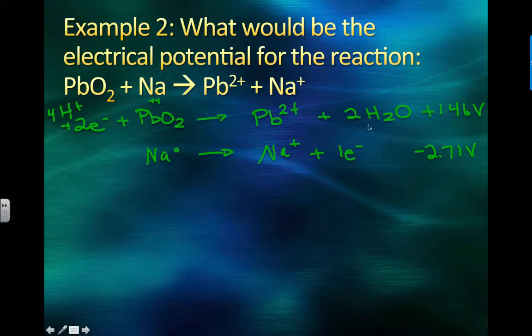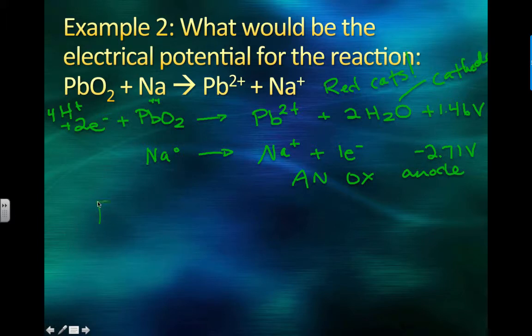The more positive of the 2 electrodes is certainly the one with lead. So let's use this reaction for our cathode, and the anode will be the sodium. Of course we knew that, right? Reduction happens at the cathode and oxidation happens at the anode. An ox and red cat.